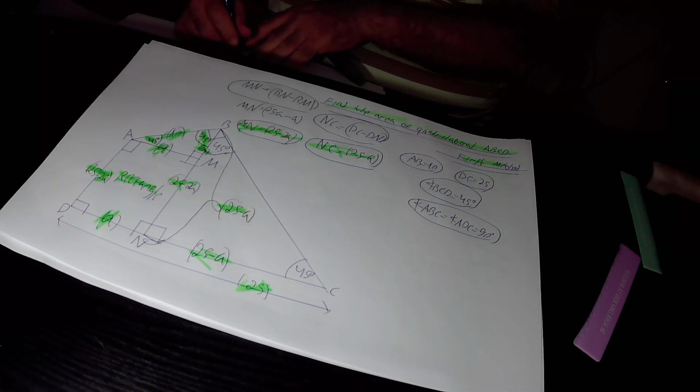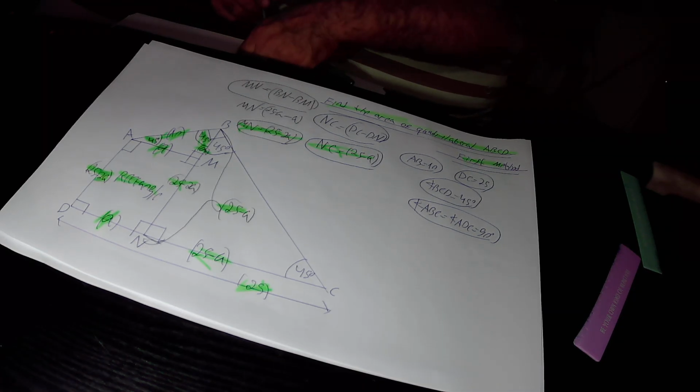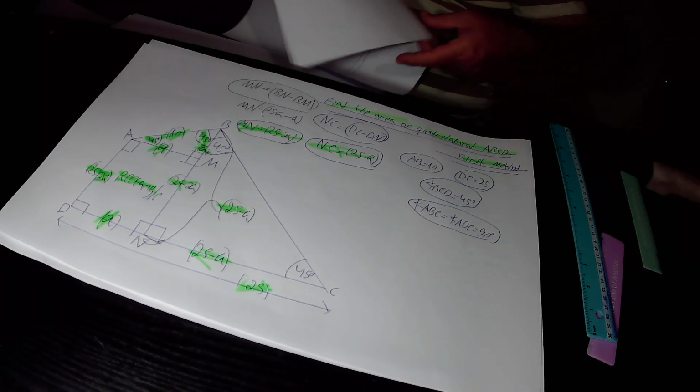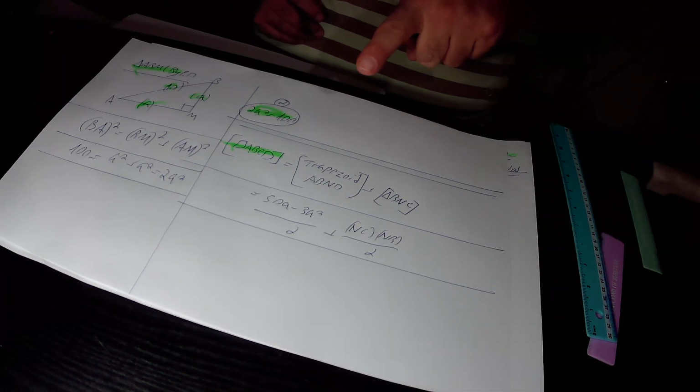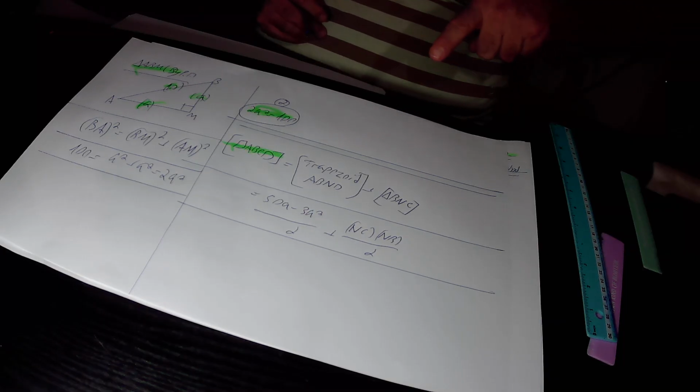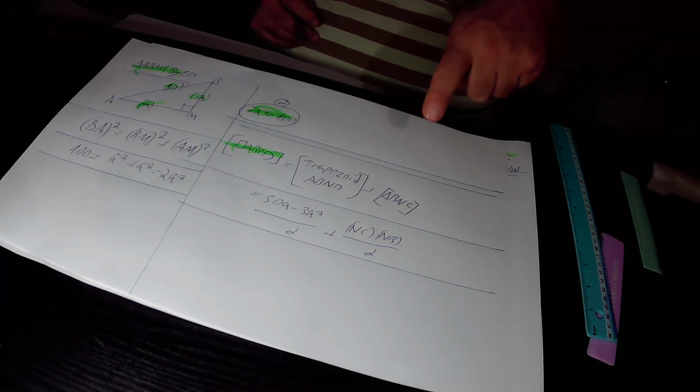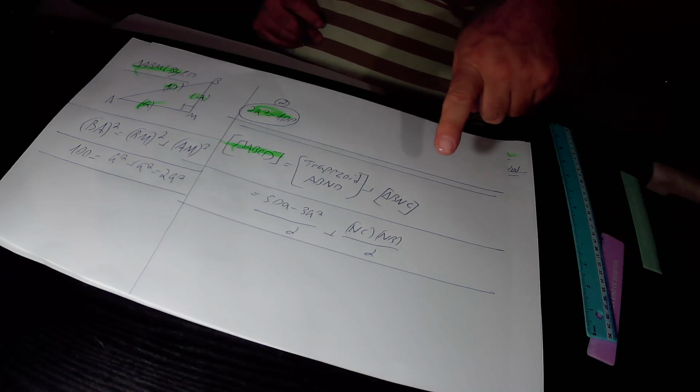So in total, the area of quadrangle ABCD is equal to the area of trapezoid ABND, that is 50A minus 3A squared over 2, plus the area of the right triangle BNC, that is the base NC times the height NB over 2.